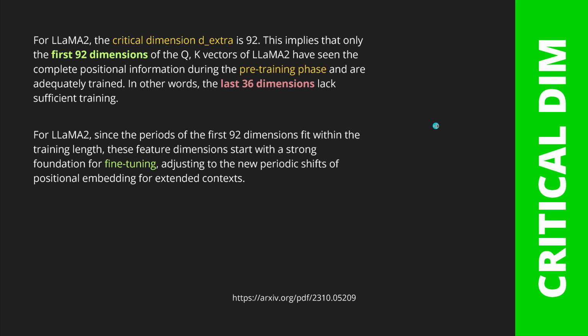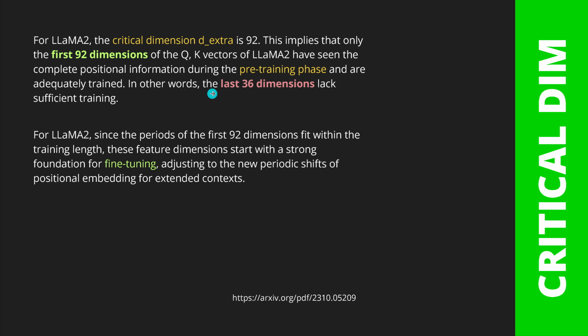What you take away, and let's focus here on Llama 2, this critical dimension you can calculate, and for Llama 2 it is 92. Now this implies, if we have for the heads in Llama 2 a dimension of 128, that only the first 92 dimensions, where we have the query and the key vectors of our Llama 2, have seen the complete positional information during the pre-training phase and therefore are trained perfectly.